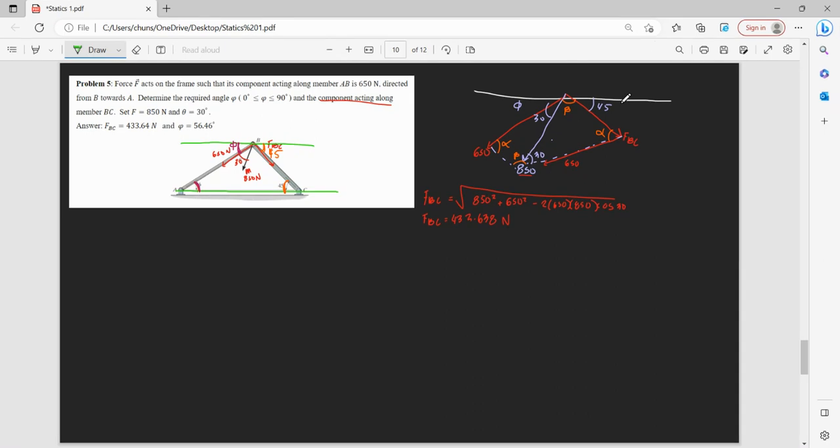Okay. So now that we know FBC, we can do some sine law. So what we do know is 850, which is across from sine alpha. And we also know FBC, which is a given number already, and that's across from sine 30.